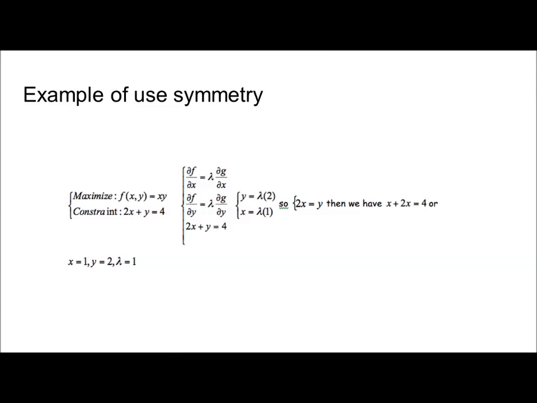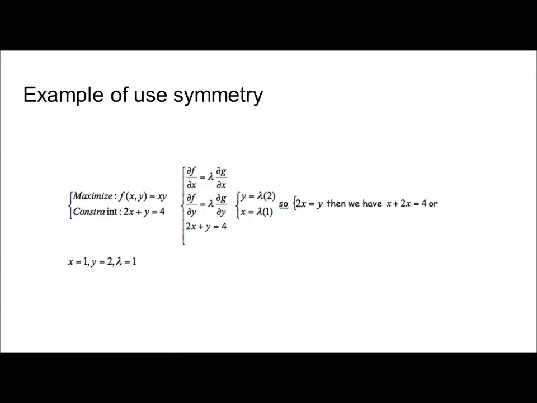After that, we obtain the equations y equals 2 lambda and x equals lambda. Therefore, we know that 2x equals y, and we can substitute into the constraint to get 2x plus 2x equals 4, which means x equals 1, y equals 2 and lambda equals 1. If we plug this back into our equation, we will see that f equals 2 is our maximum.